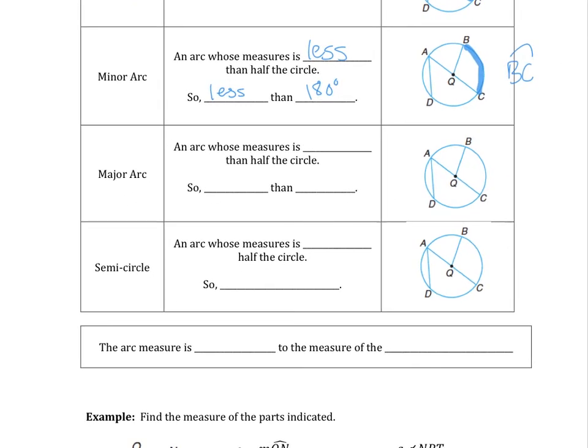So minor arc is less than 180 degrees. All right, major arc is next. Probably can guess, major arc is an arc whose measure is more than half the circle. Let me fix that M. Let me put some red here. So this one is more than 180 degrees, more than half the circle.